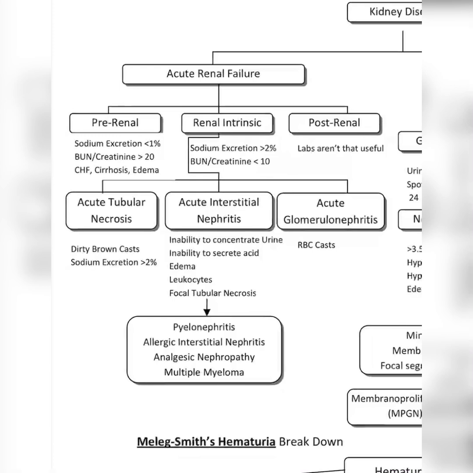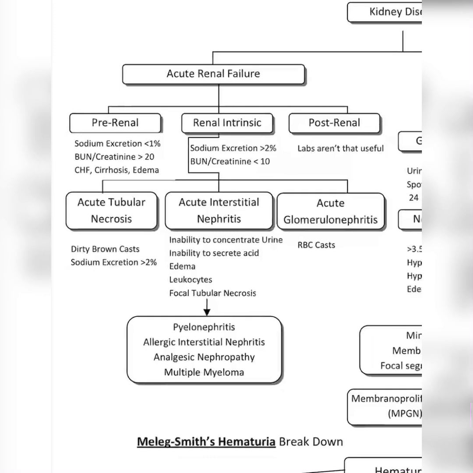In case of acute tubular necrosis, you can find dirty brown cast in the urine. The sodium excretion will be more than 2%. In acute interstitial nephritis, the kidneys will be unable to concentrate the urine. There will be inability to secrete acids. There will be edema, leukocytes, and focal tubular necrosis.